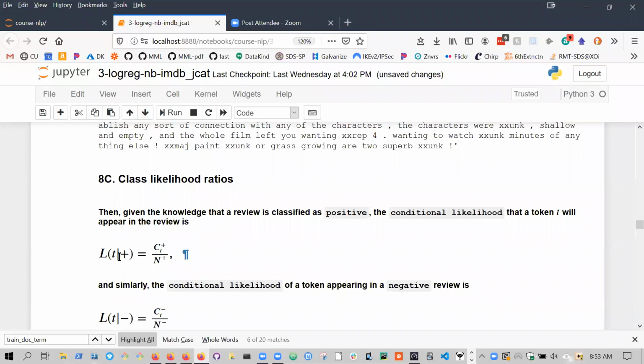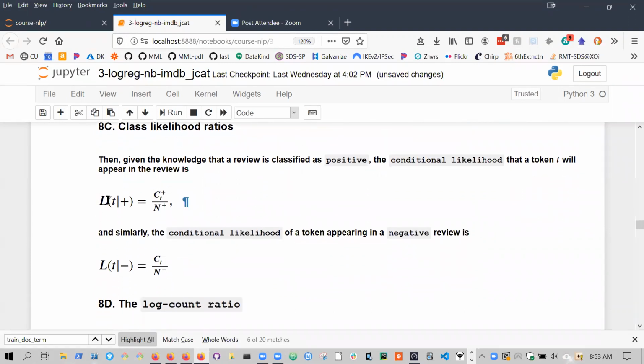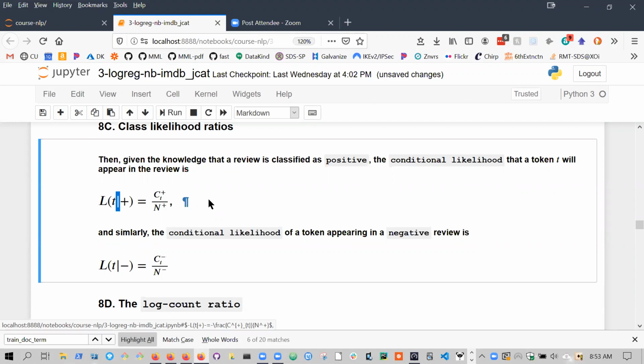Okay, so next we come to computing the class likelihood ratios. So the likelihood is the number of times that the token appears in a positive review divided by the number of positive reviews. That is, given that it's a positive review, what's the probability that the word will occur? And that's what this likelihood ratio is. And I've made some notation for it, L of t given plus. The bar here, you'll often see this in machine learning and mathematics and so on.